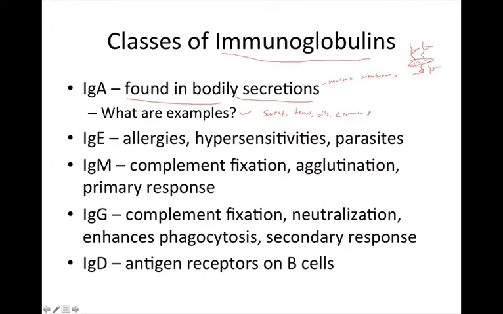Here's one that students like to say, but it's incorrect: urine. Urine is an excretion. Secretions are materials that are produced by glands and then secreted from the glands.